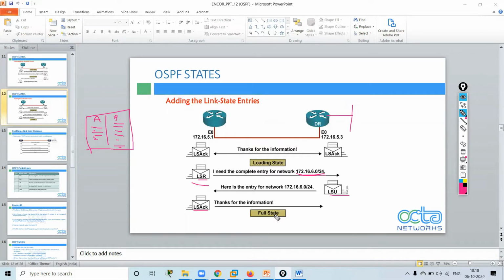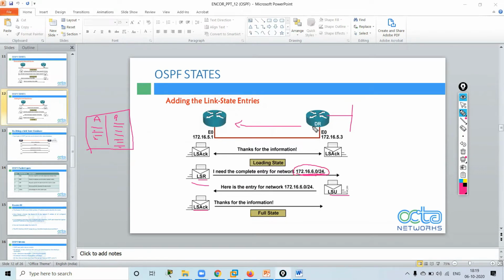I have a question here. How did the router on the left side know about the new network 172.16.6.0? See what I told you, all the routers will have the same DBD. Once router B shares its database table, router B has this network information in its DBD, but router A does not know about that network.